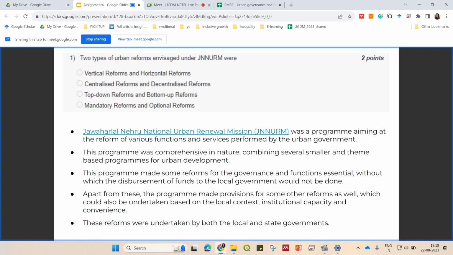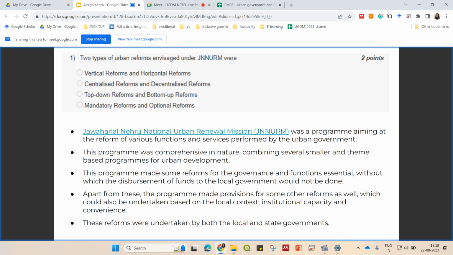Decentralized reforms mean that the control of the decision making related to the reform process is allocated to the decentralized body, so not with the central body. If you talk about urban governance, it won't be with the central government, but it would be decentralized maybe to different states, maybe to different urban bodies, maybe to different urban development organizations, and those particular bodies or organizations would be in charge of taking the decisions or figuring out the particulars of any of the reforms that are being talked about.